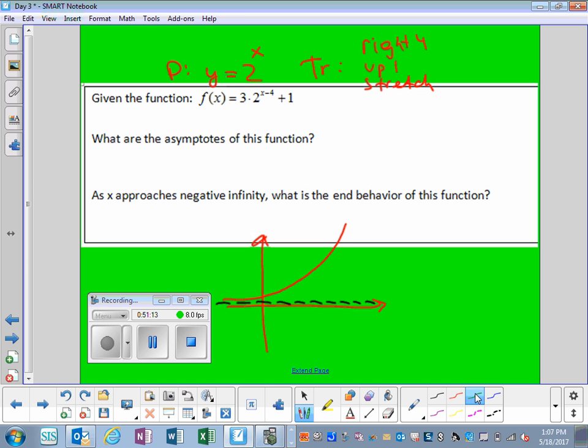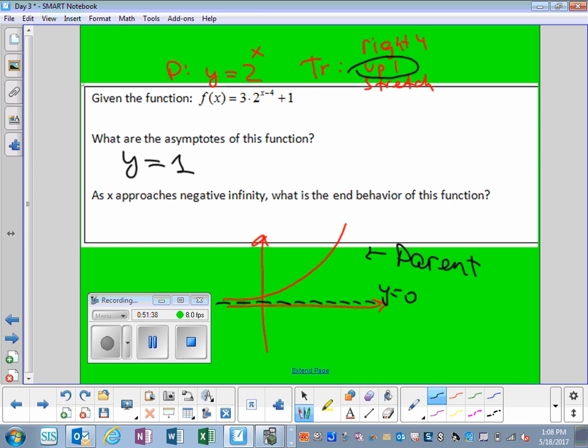It doesn't matter if I stretch these values, they're still positive. So the only transformation that affects my horizontal asymptote will be the up 1. So instead of y equals 0, this is parent, what will be my new horizontal asymptote? Y equals 1.